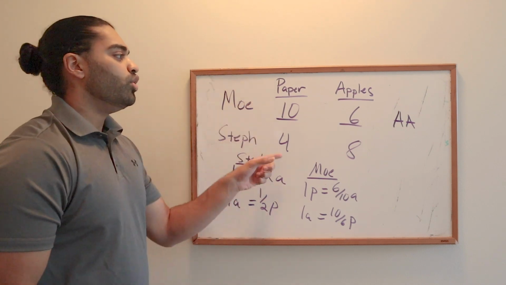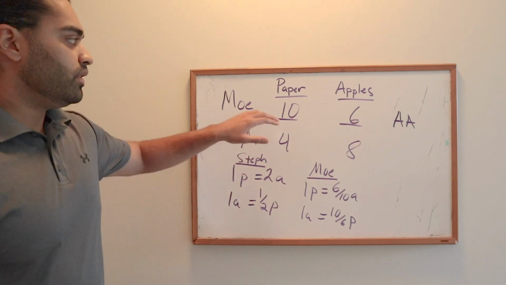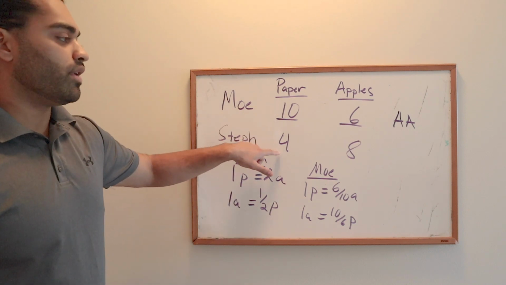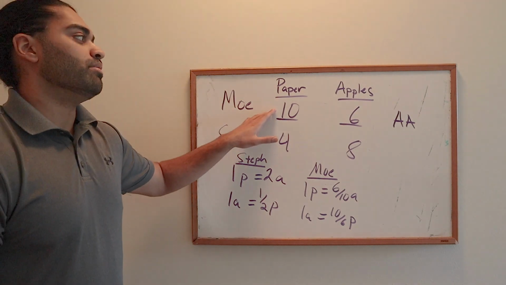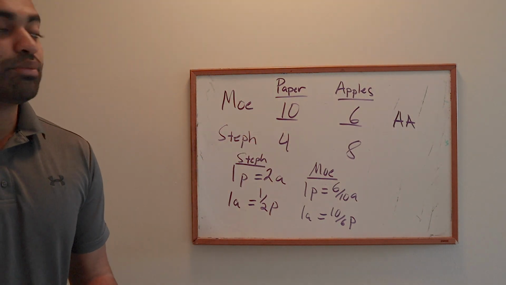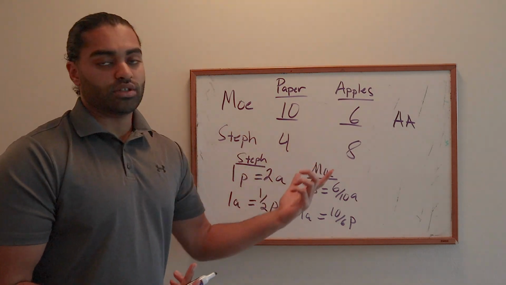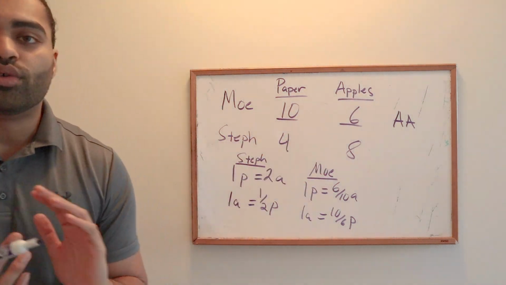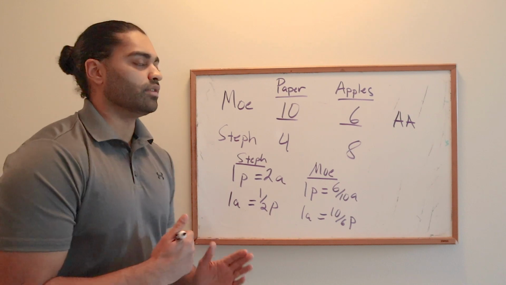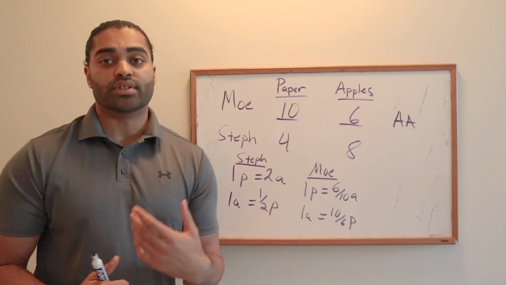For paper, who produces the most? You should know that it's Mo. 10 is greater than 4. So Mo has the absolute advantage in producing paper. Now, who has the absolute advantage in producing apples? It should be Steph, because 8 is greater than 6. Again, that's the only thing we use absolute advantage for, to know who produces the most.